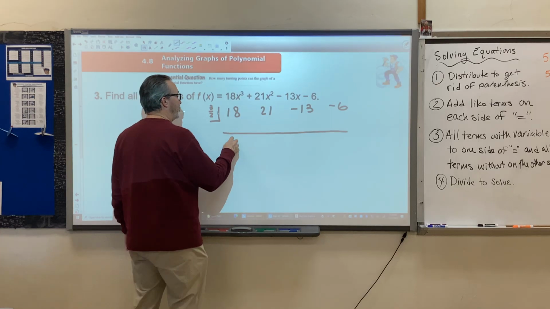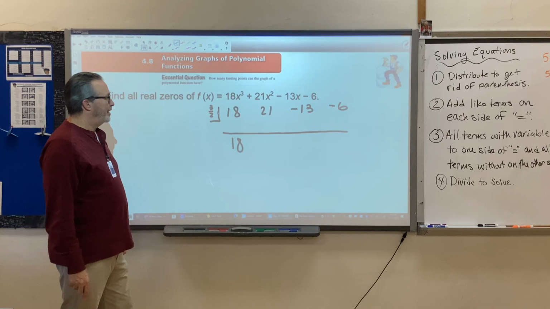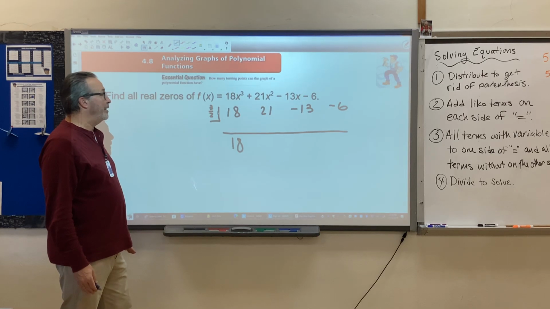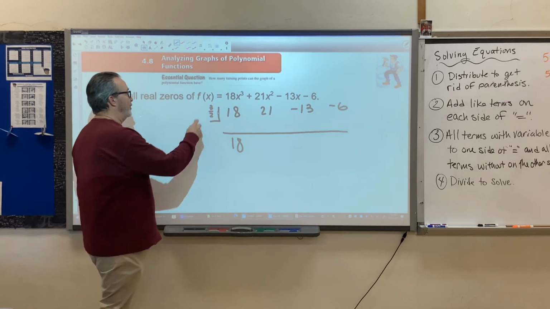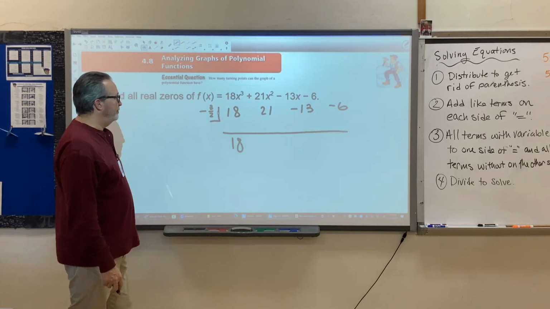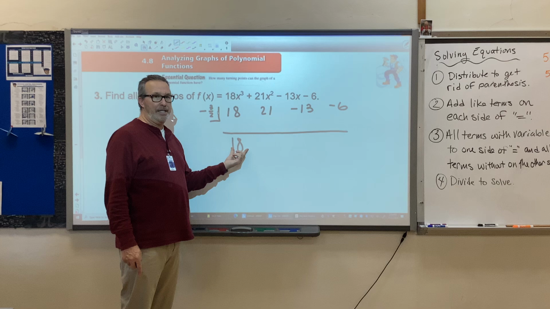So the 18 drops down. 1.5 times 18. It feels like it's going to get really big really fast. Was it -1.5 or +1.5? Oh, thank you. 3 halves of 18.